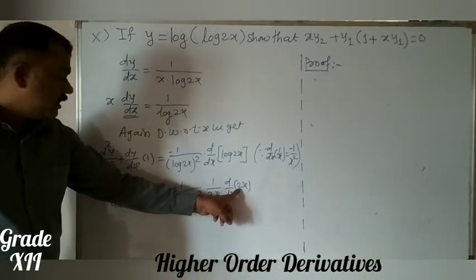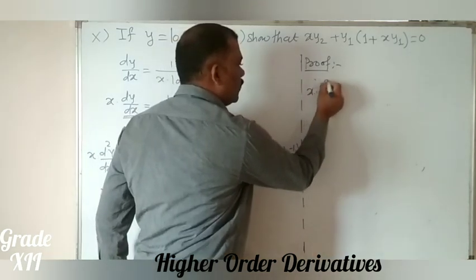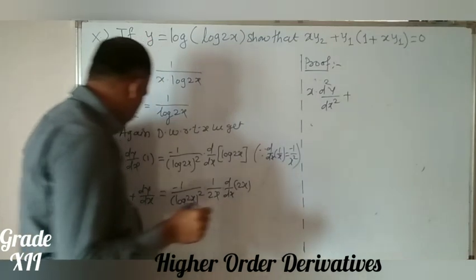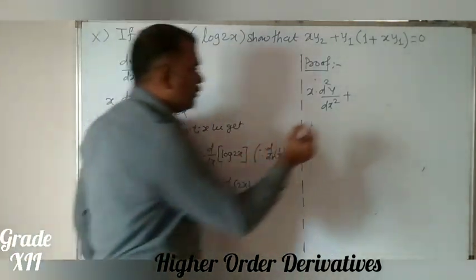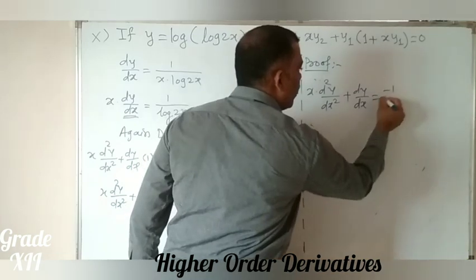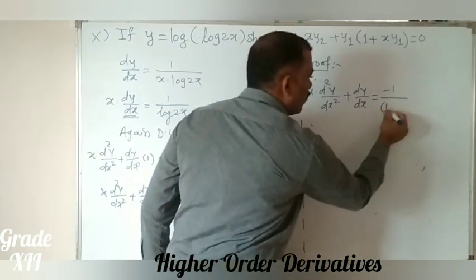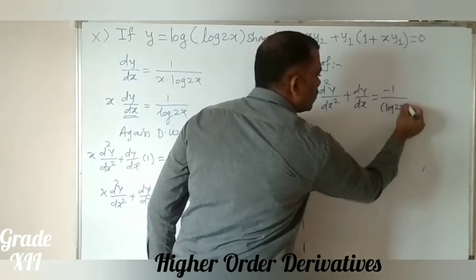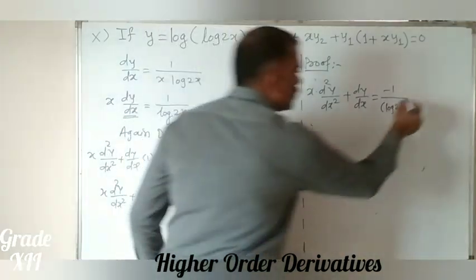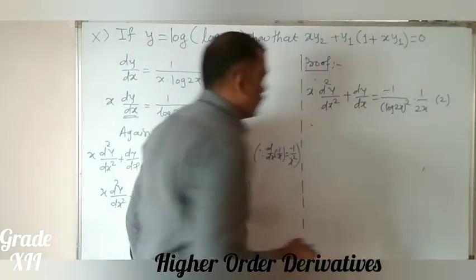Differentiation of this 2x is nothing but the 2, so that we can write x into d2y by dx square plus dy by dx is equal to minus 1 upon log of 2x bracket square into 1 upon 2x into 2.